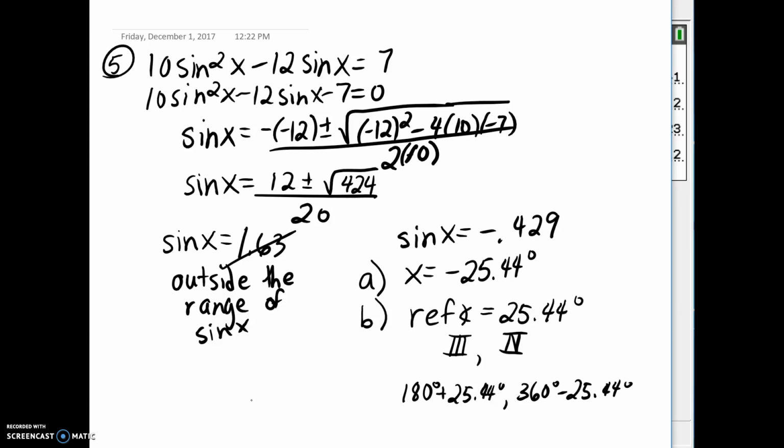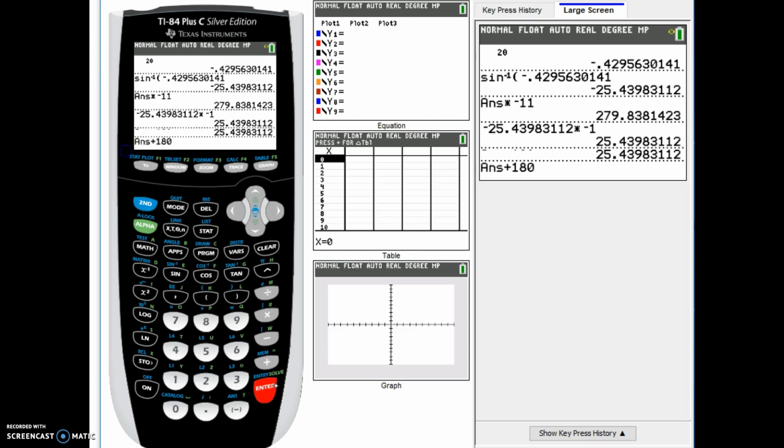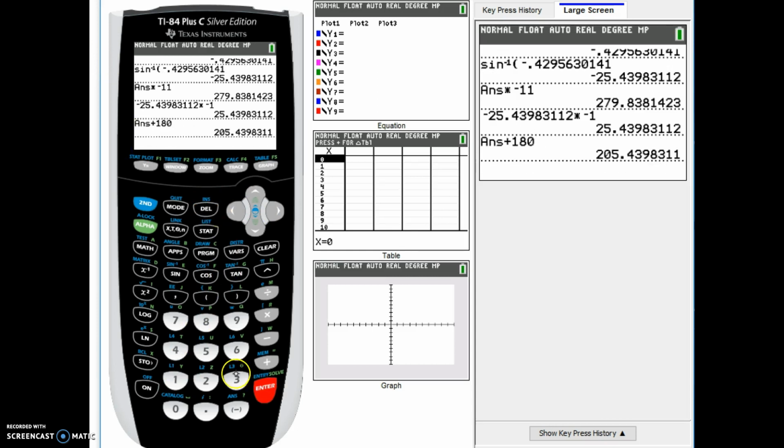Now for adding purposes, really I could do plus 180 right away. Again, I'm overdoing it with my button pushes here, so 205, then you could do 360 minus, but I don't really think you need to use the calculator for that first one. I'm just showing you that you can if you wanted to.